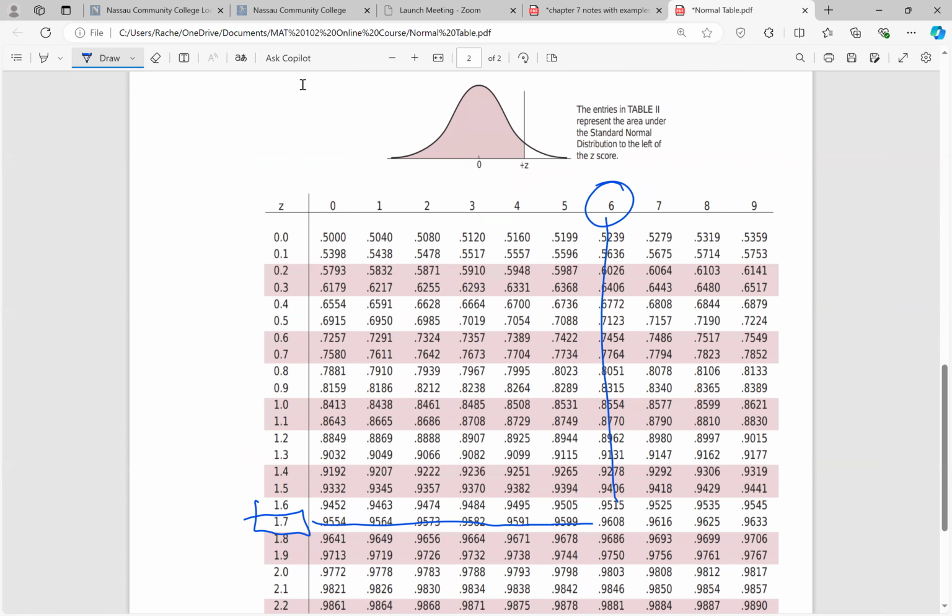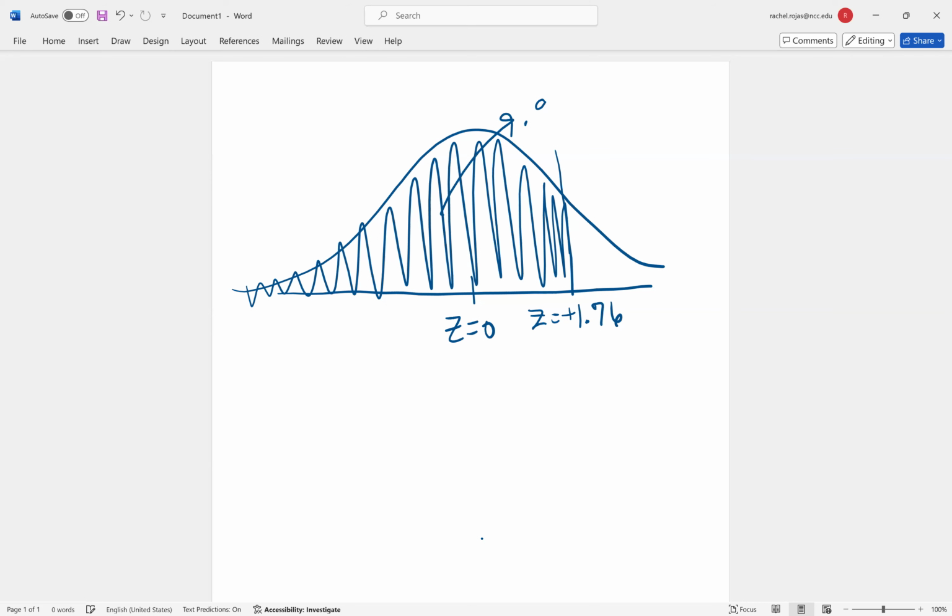And then I have to see where they meet. And they're going to meet right here at 0.9608. So that's going to be the area to the left of a z-score of 1.76. So 0.9608. So that's this shaded area under the curve. It's equal to 0.9608.